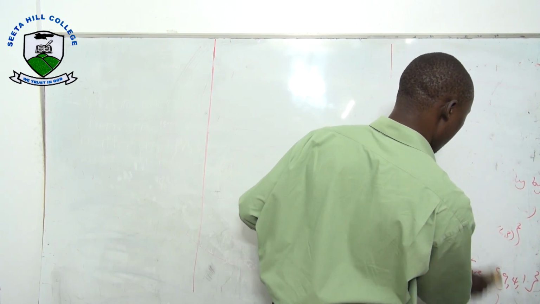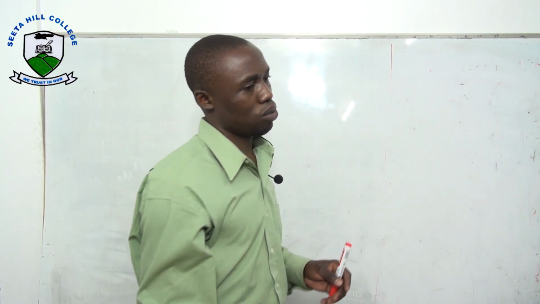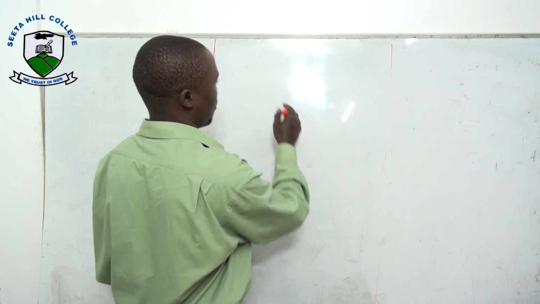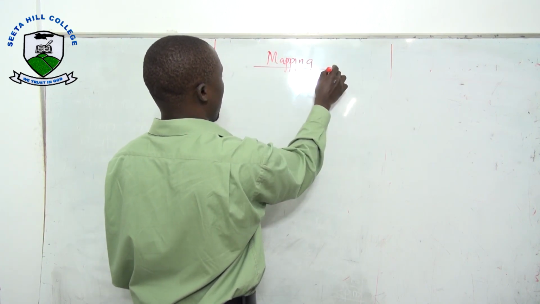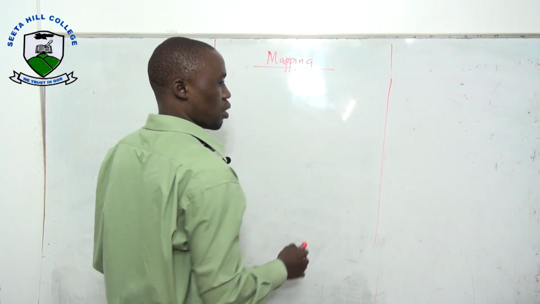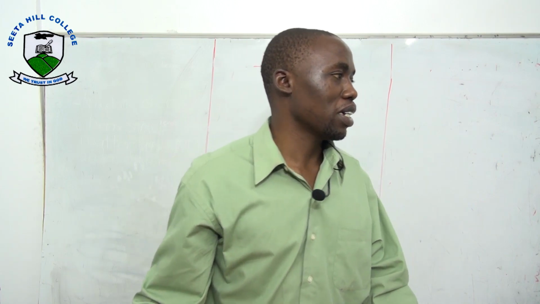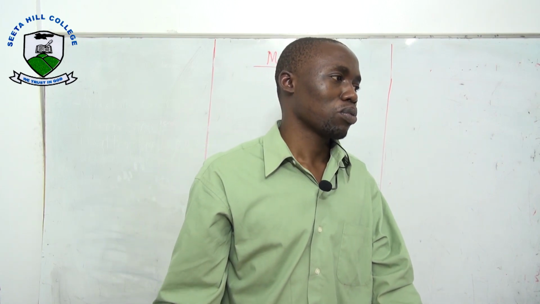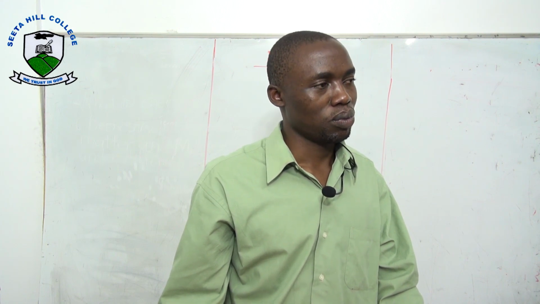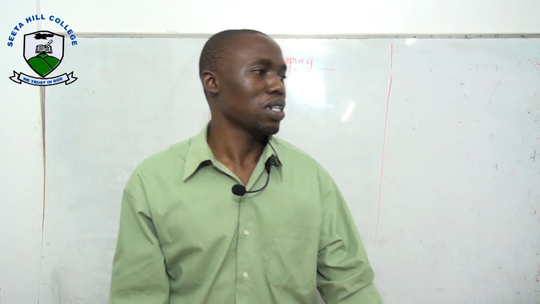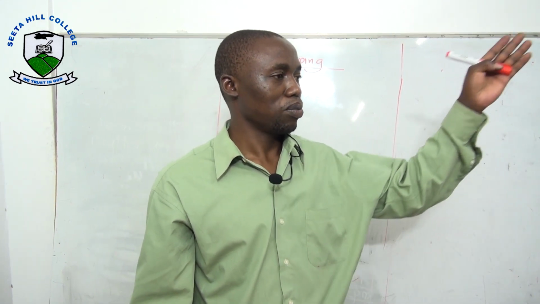What is to map? To map in English is to draw an actual object as seen from above. Say it again. To map in English is to draw an actual object as seen from above. Let me leave that standing in air.